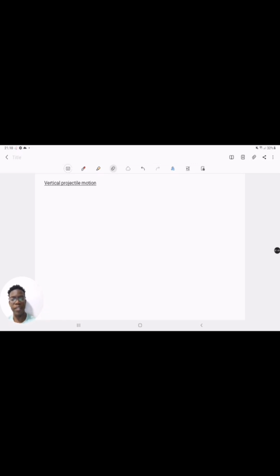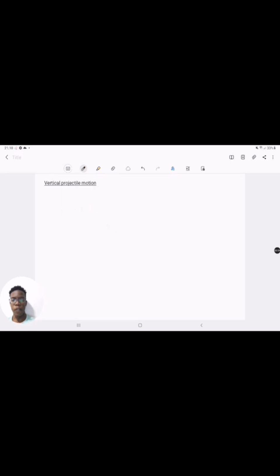Motion is simply movement. So vertical projectile motion is the movement of an object, or a body, in the vertical direction under the influence of gravity. I'm going to make that make sense as I explain the topic in a bit more detail.